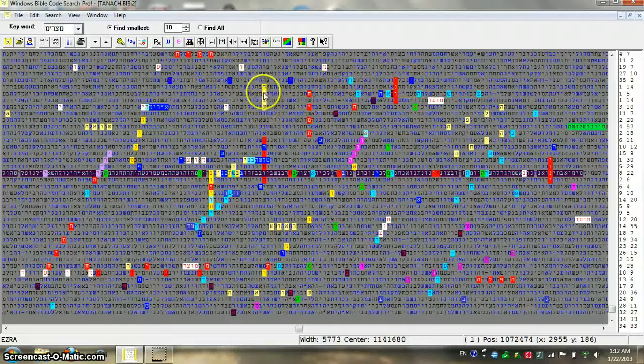In the yellow, we've got Holocaust. Holocaust here, Holocaust here, and it's in the same line here as the Beast, exposed, and Obama.